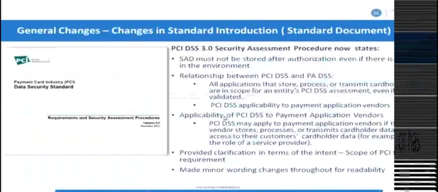All right, and the rest is what we would be seeing as we move on with this presentation. I would be sharing the minor changes, but visibly what you can see in version 3.0 is a lot of change in the wording that the Council has used. For example, 2.0 talks about implementing FIM, File Integrity Monitoring.